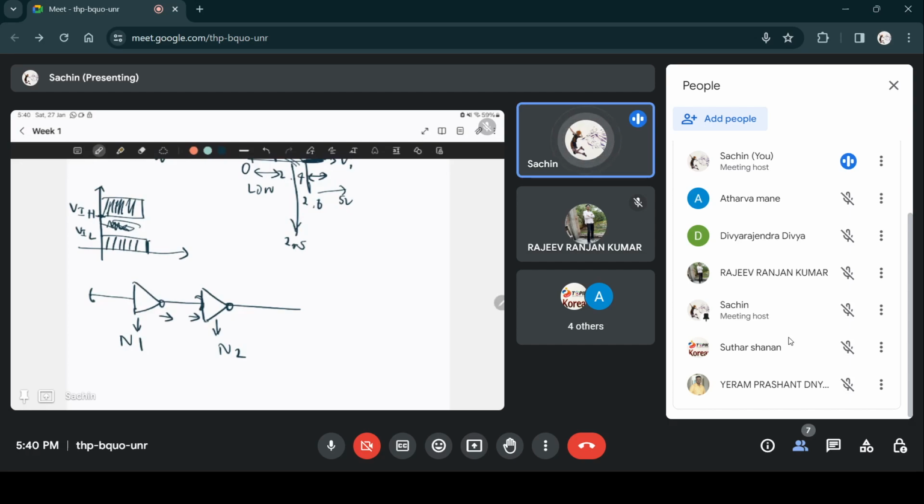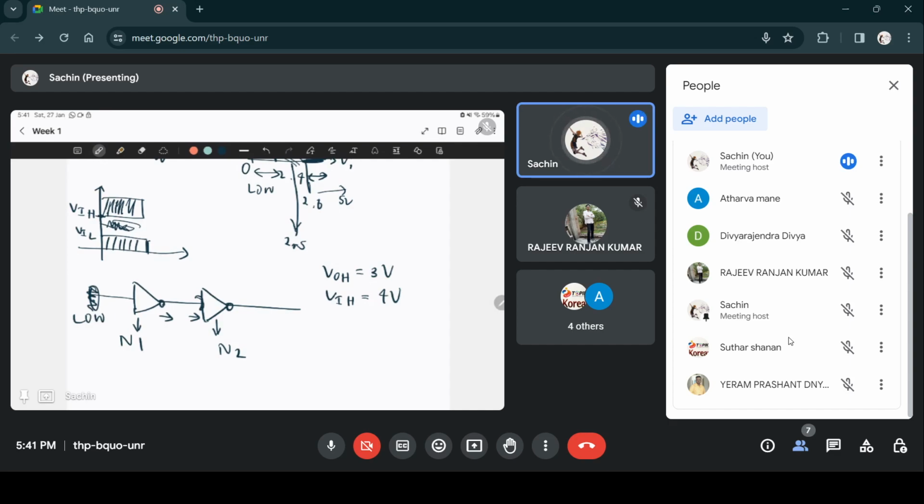Okay, just for clarity, let's give some values. Let's say for this NOT gate, the output high value is 3 volts. Let's say for the same NOT gate, for the input side, the high value is 4 volts. Let's consider this. Let's say you give some low value here, some input low.